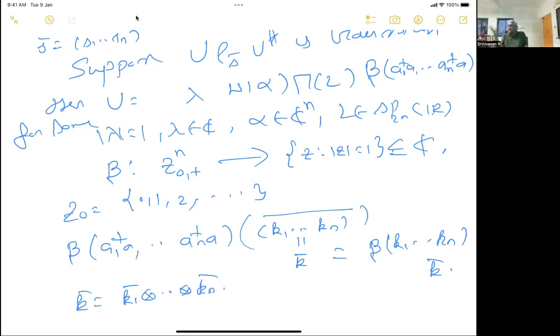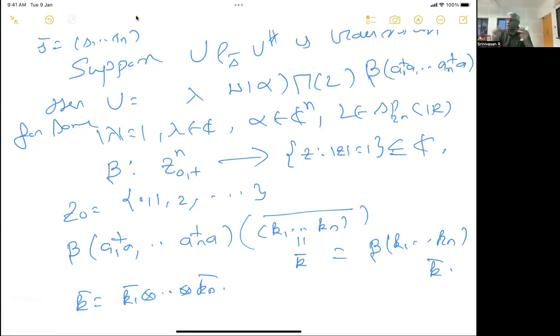L2 of Rn is L2 of R tensored n times, and L2 of R is Gamma of C, which is the Fock space over C. The kth particle space is just C times the K vector. If you consider the first one, you call it the K1 vector, and the ith one is the Ki vector.